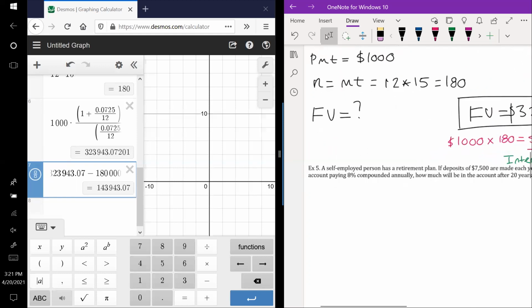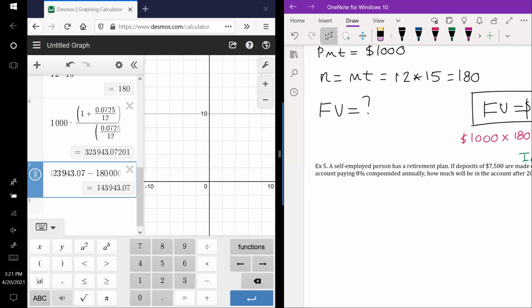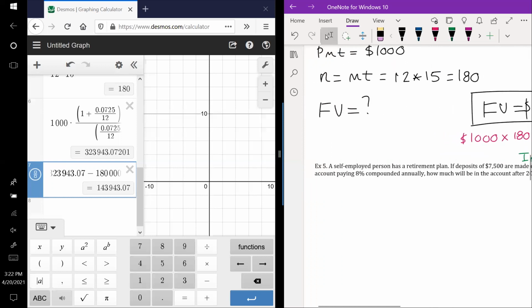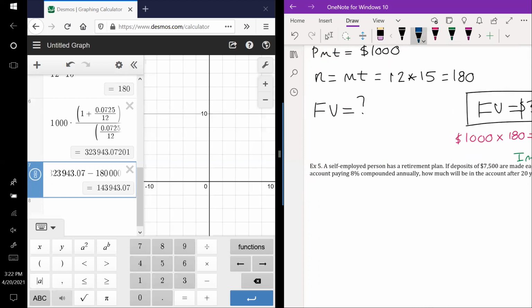Okay, so let's go ahead and write down what information they're giving us. So here they said that we are making payments of $7,500 every year. So payment is 7,500. And then I is going to be rate over compoundings.